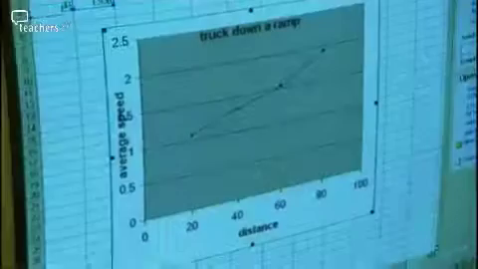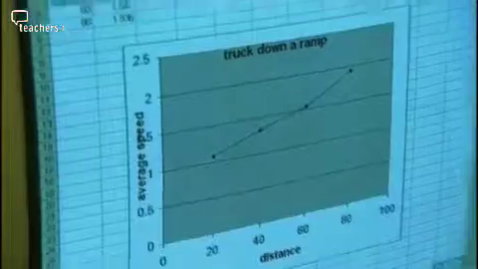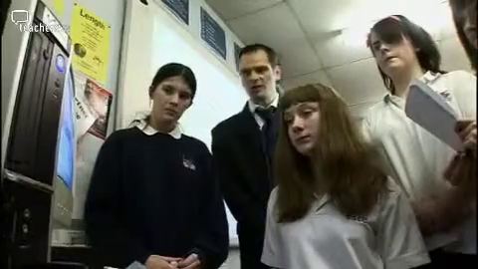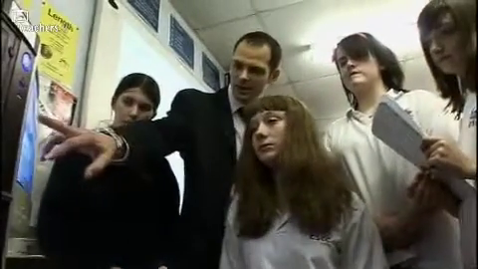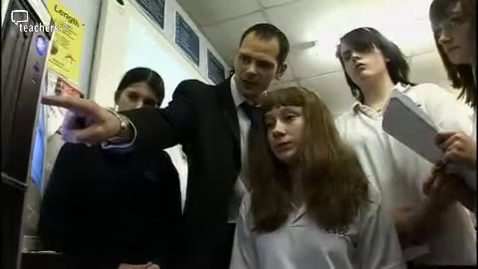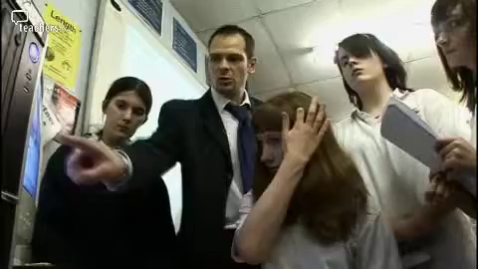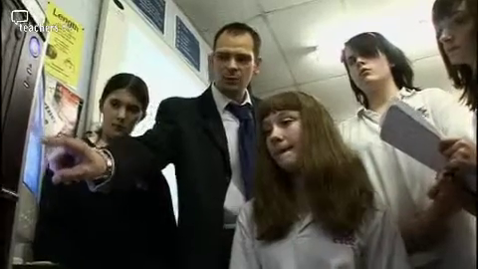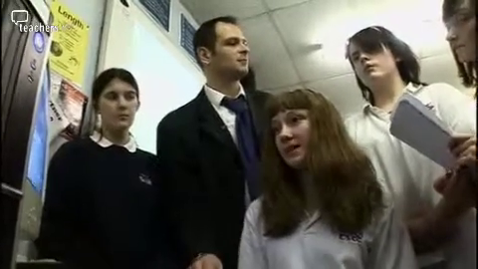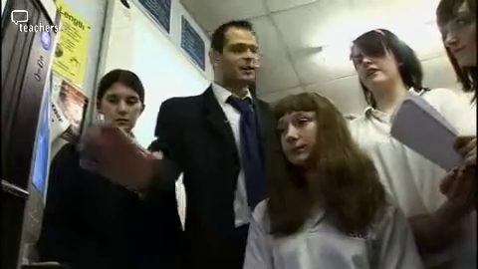Okay, so, is there a pattern there? Yeah. We've only got 4 data points. If we were to collect more, we would probably find that it would end up here, here, and here if we did ones in between, wouldn't we? Yeah. So what we find is as you go further down the ramp, what happens to the speed? It gets faster. There's a chance to speed up. Yeah.